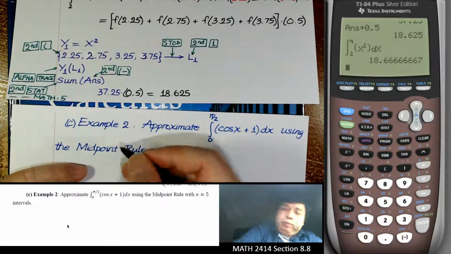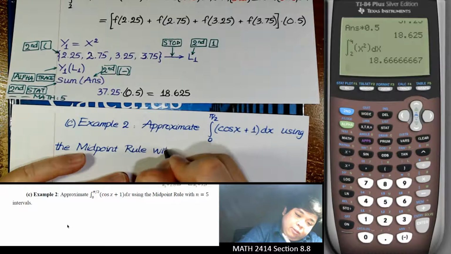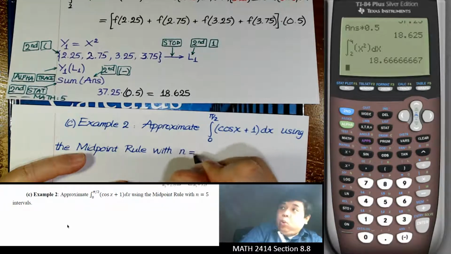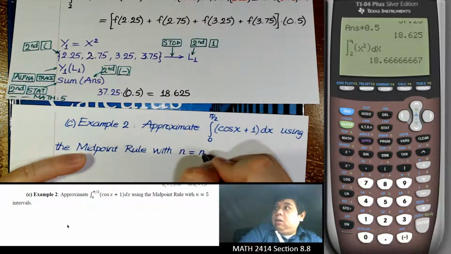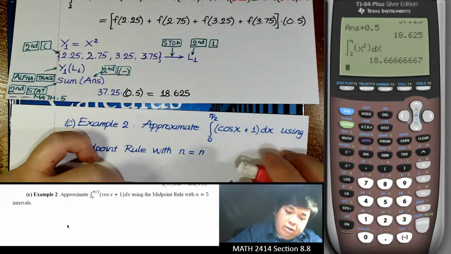So the midpoint rule with n equal to 5 subintervals.